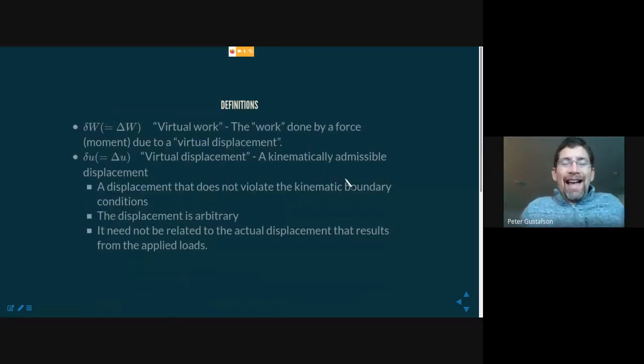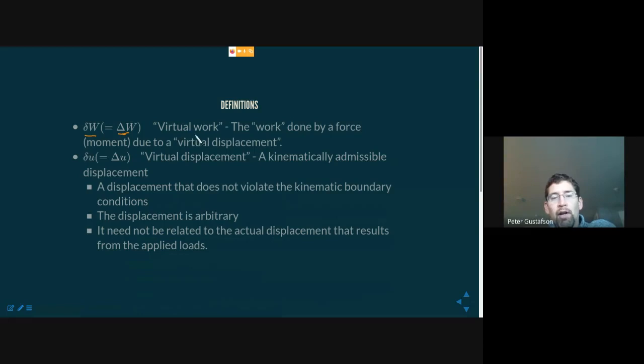Okay, now what exactly is meant by the term virtual in this context? It's not a virtual world, it is virtual work. Here, what I've got now is a set of definitions. So delta W, you might see it called capital delta W in places. It depends on what reference you're using. Doesn't really matter. It's just the symbology.